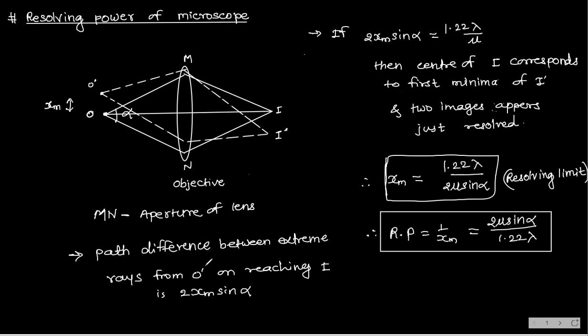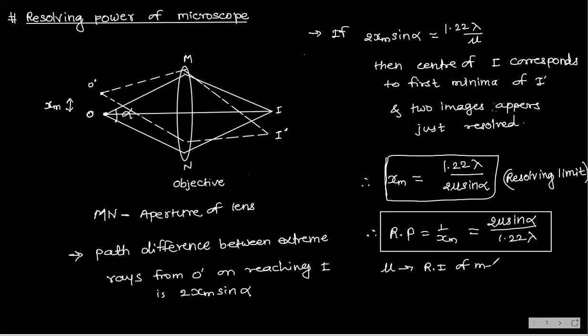Mu is the refractive index of lens. Okay. Mu is what? Refractive index of lens or medium. One minute, I will write here. Mu is nothing but the refractive index of medium, not the lens.